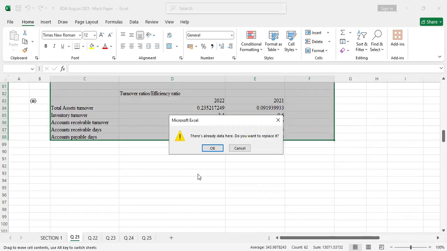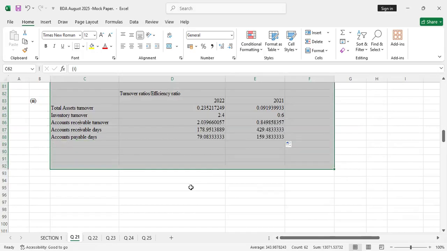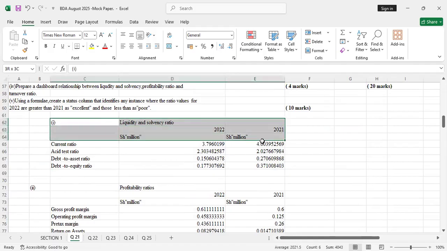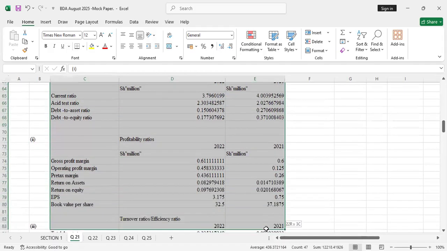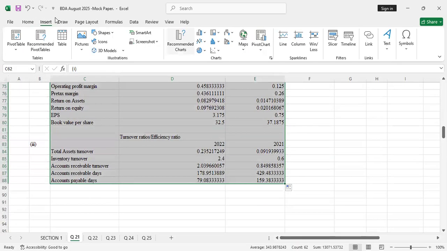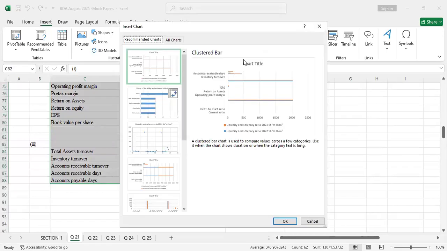Let me highlight again from liquidity, capturing everything. Then you go to insert, then you go to recommended.